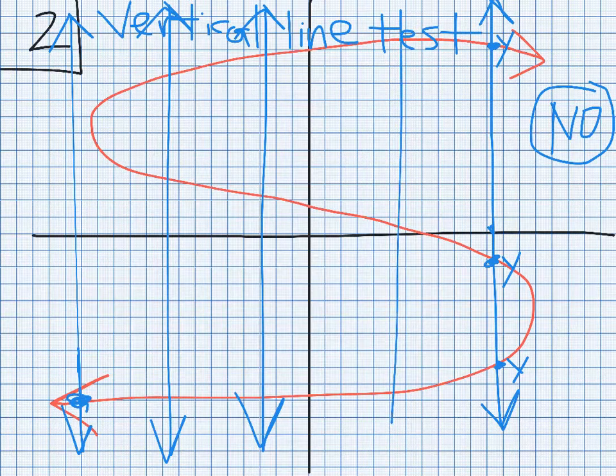If you can draw a vertical line that hits the graph more than one time, then it fails, right? You can find one that only hits it once, but for this graph, there's all kinds of vertical lines that you could draw that would hit the graph more than one time, which means you found a lot of different x's, a lot of different husbands with different y value situations, all right? So this is a no.